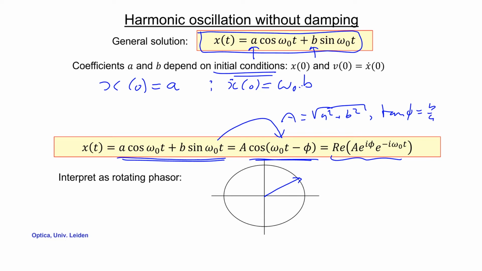So at time t is 0, the phase here determines the direction of the phasor, and then if you let time run, this phasor slowly rotates at the frequency determined by the angular frequency omega 0. So a very nice graphical representation. And if you wonder why we choose a minus sign here, just visit the course.